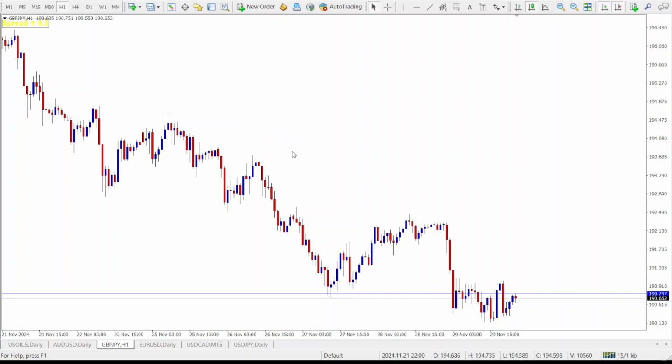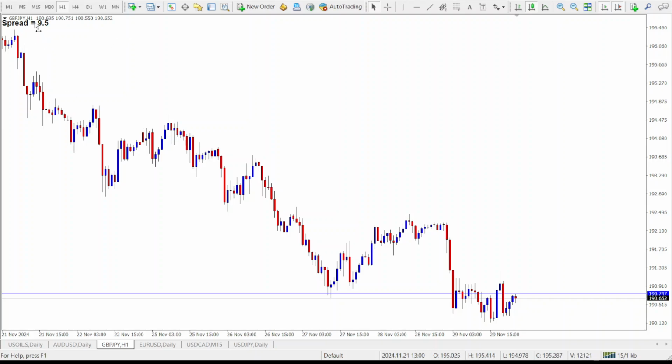As we can see, for any given currency pair, the indicator is going to show you the lowest or average or maximum spread.